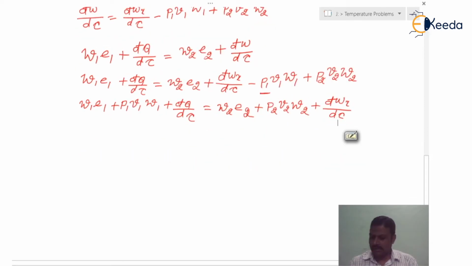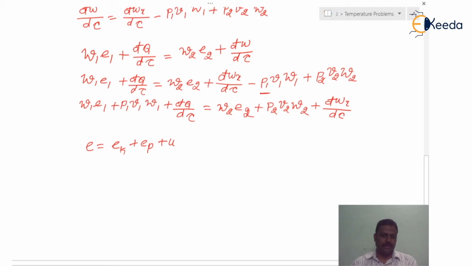Here, as I already told, E1 and E2 are the specific energy at inlet and exit, and that specific energy is given by E equal to Ek plus Ep plus U. Here Ek is kinetic energy, Ep is potential energy, U is specific internal energy.